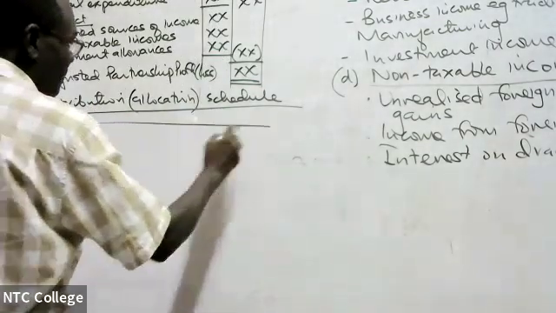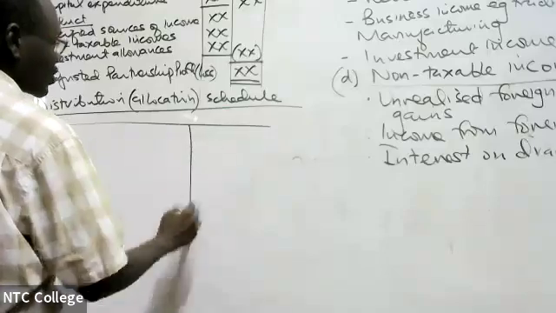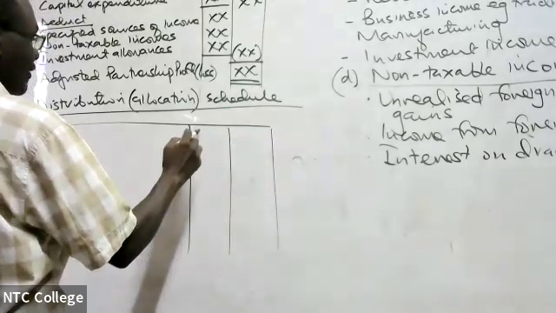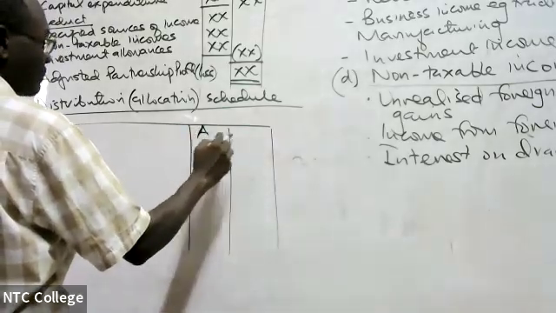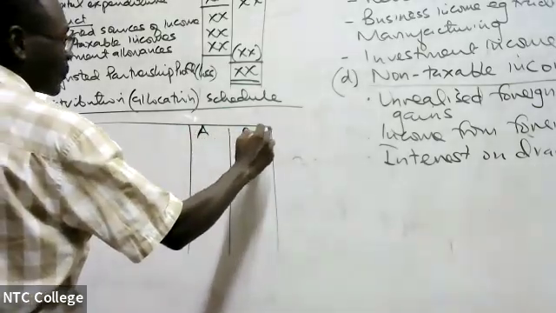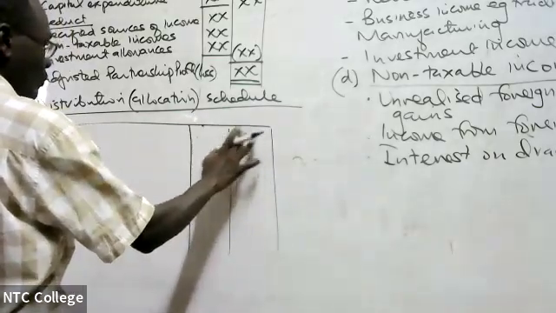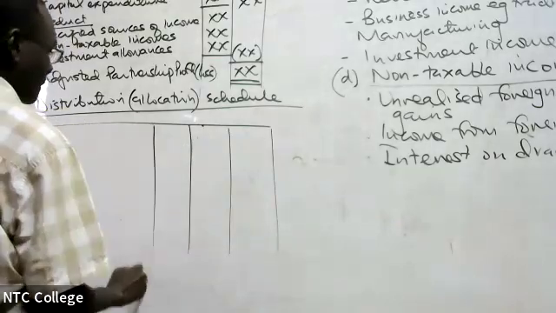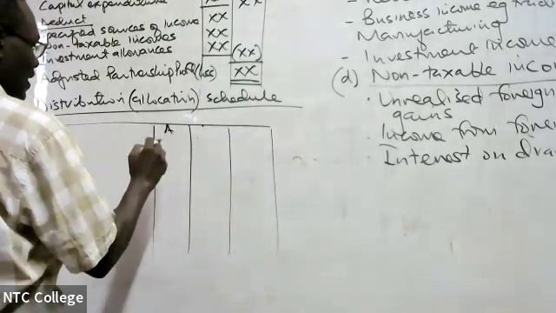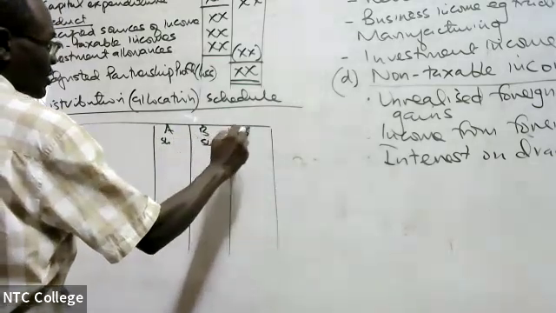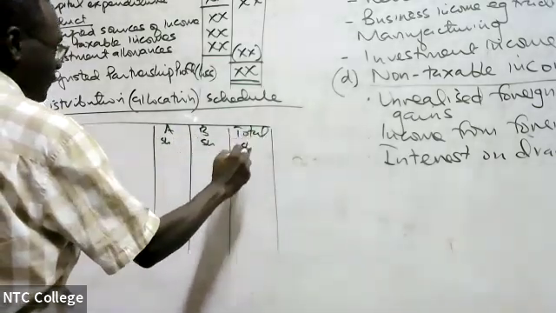So just for our purposes here, we will assume there are two partners. And here we have partner A and B. So we have partner A, we have partner B, and you must always have a total column.